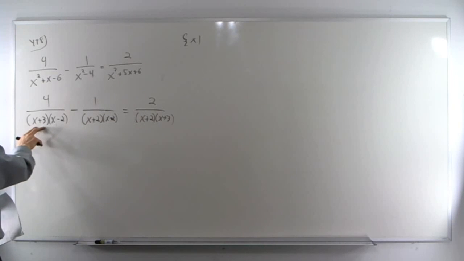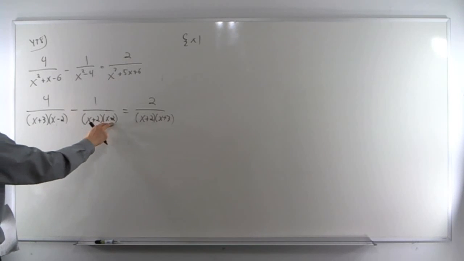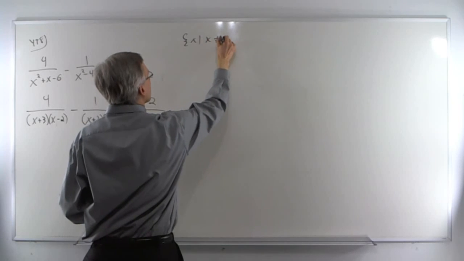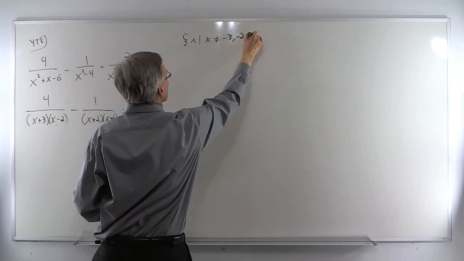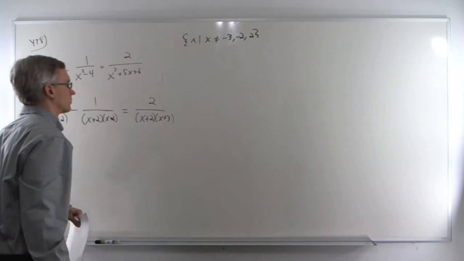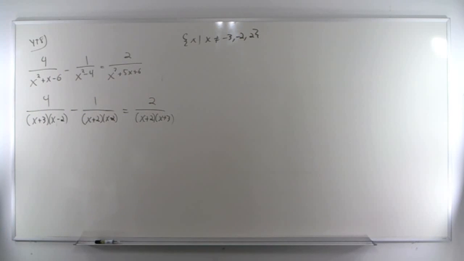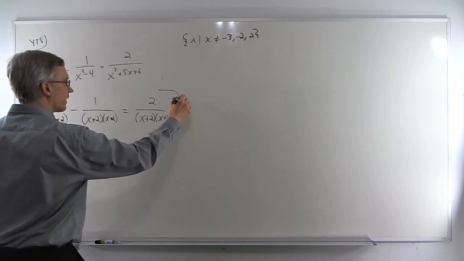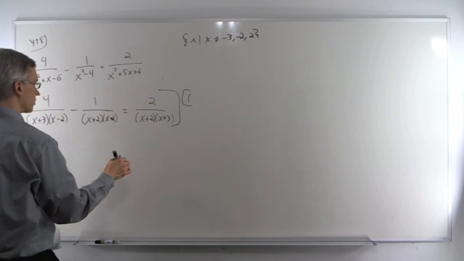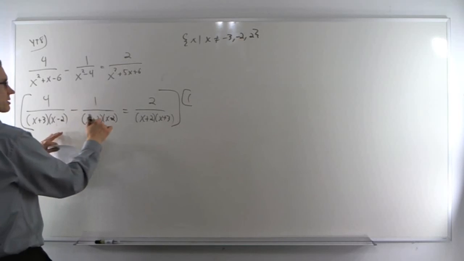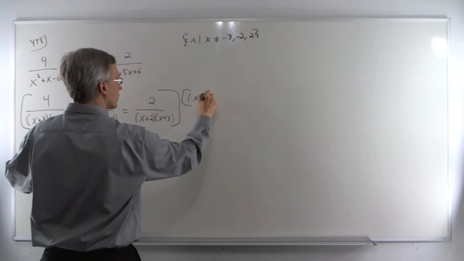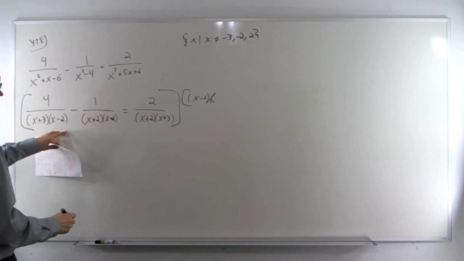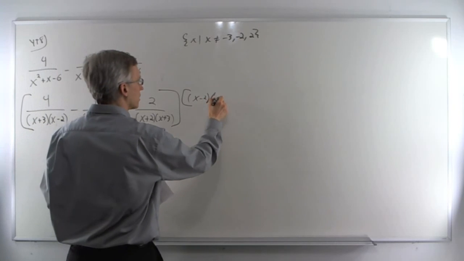All right, negative 3, negative 2, positive 2. All right, now we're going to multiply this by all the unique factors. So we have x minus 2, x plus 2, x plus 3.